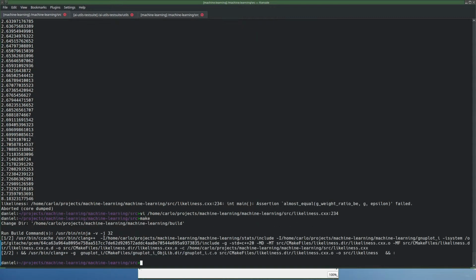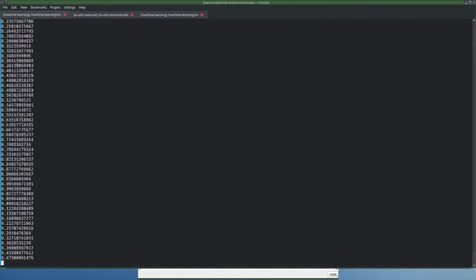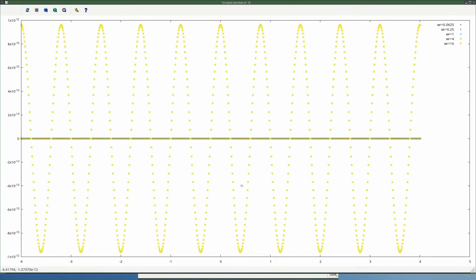Plot it in the graph anyway. Oh, it's that thing. That's really something super weird going on with 16. Very interesting.